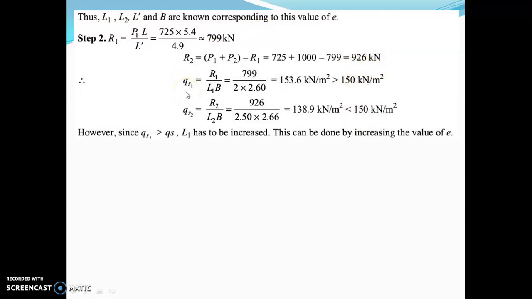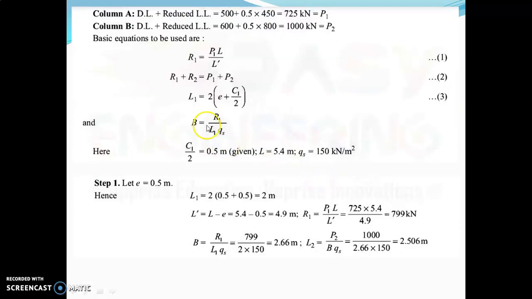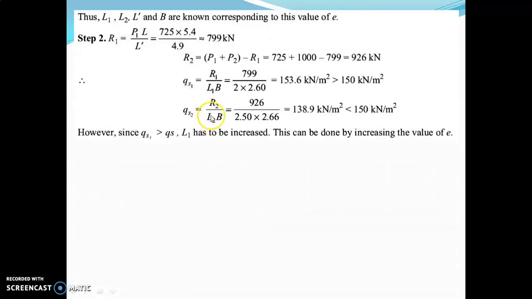Now find what is QS1. What is QS1? R1 divided by L1 into B. This is QS1, based on this equation. Okay. B is equal to R1 divided by L1 into QS. So QS is equal to the same R1 divided by L1 into B. Okay.